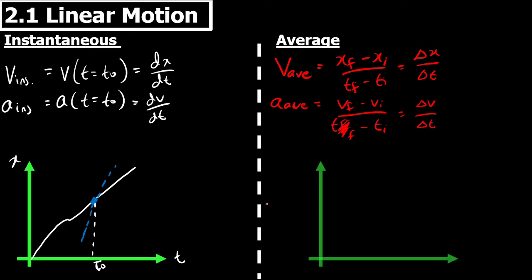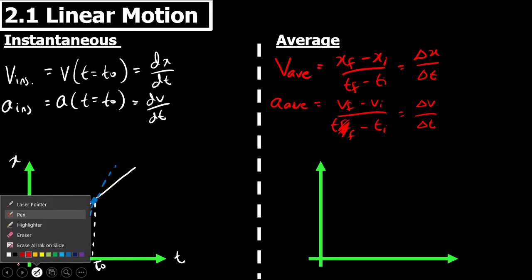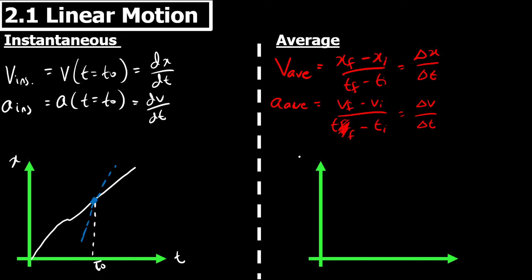So if we draw out the graph, what we will find is, instead of having one point like the case for instantaneous, you will have 2 points. So let's say we have 2 points here and here.